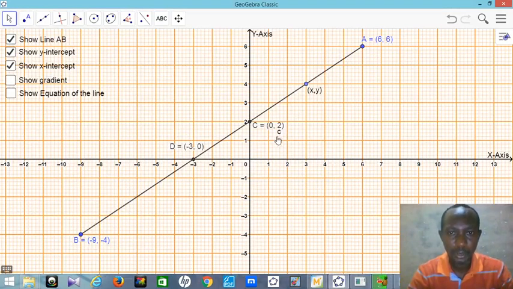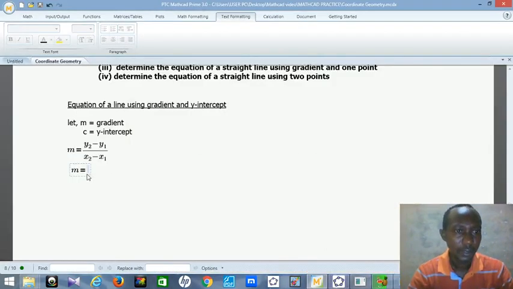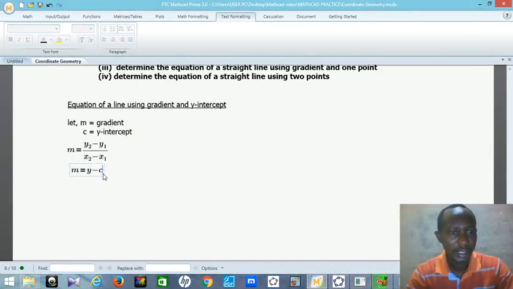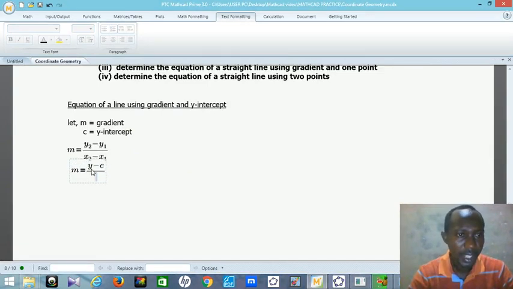I'm not using numbers, I'm using the variable c, so that we can derive the equation. So y minus c is my substitution here: y2 is y, y1 is c, then divided by x2.